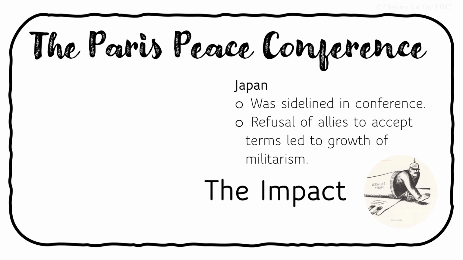If the world would not work with them to allow them to achieve their goals, then they would achieve them without the world's approval, which would eventually result in the Japanese leaving the League of Nations following their invasion of Manchuria.